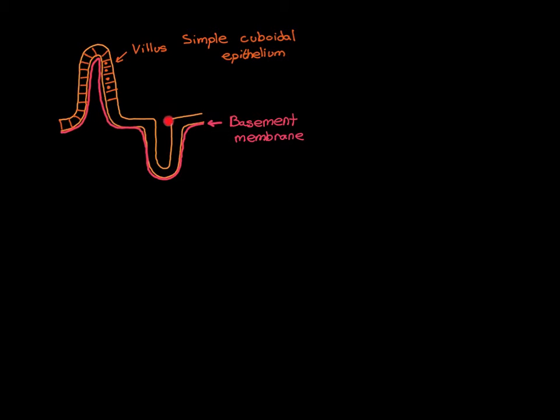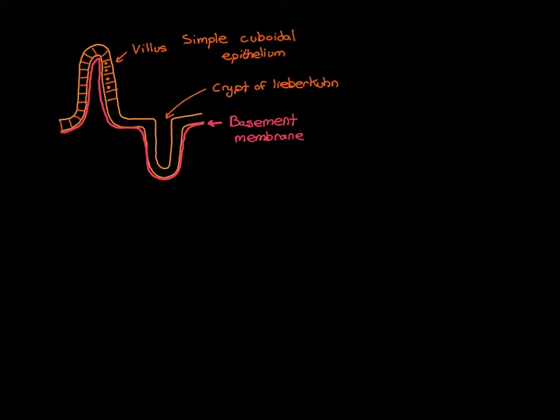So this, if you like, is the flat standard surface of the intestinal epithelium, and then we have this projection outwards, which is a villus, into the lumen, which of course is this space here, and then we have a projection into the deeper layers of the wall of the intestine, which is called a crypt of Lieberkühn. And I want to explain to you where the intestinal stem cells are in just a moment. So this is a crypt of Lieberkühn.